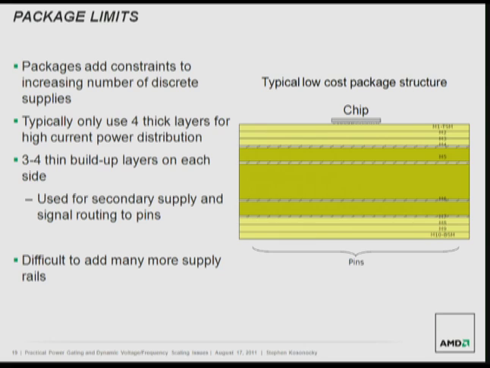And then there are 3 to 4 buildup layers on top and below that are used to interface down to the chip at high density, and also for signal routing out to the pins. These are typically used also for secondary supply and signal routing to the pins. So if you were to add more high current supplies, you're really adding cost to the package to support that. You've got to add more of these thick layers to distribute that efficiently, and that gets expensive.